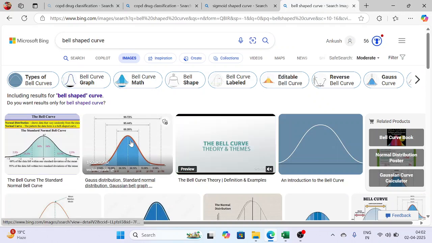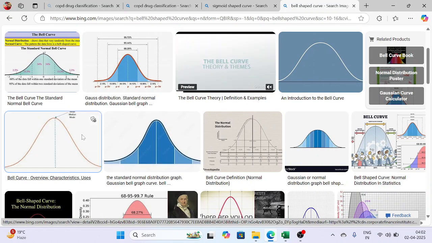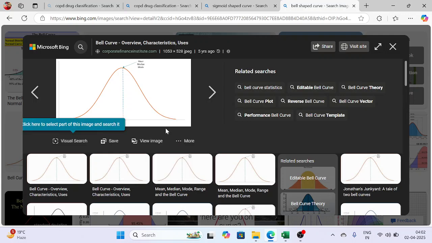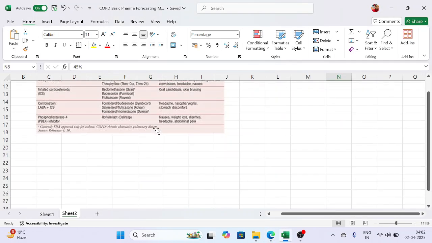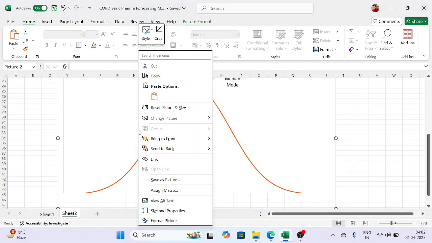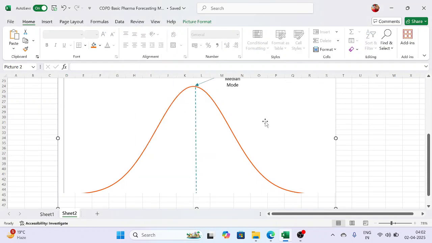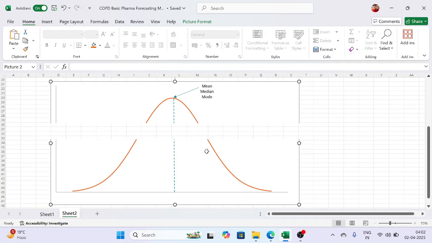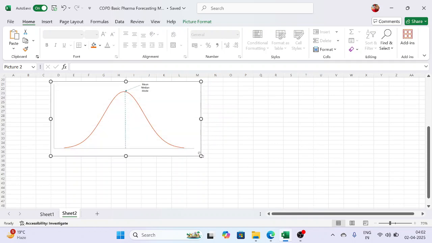This is the simplest curve I could find. So where brand X share actually comes from is, whenever a new drug enters the market, or let's say the primary completion date of a drug from clinicaltrials.gov.